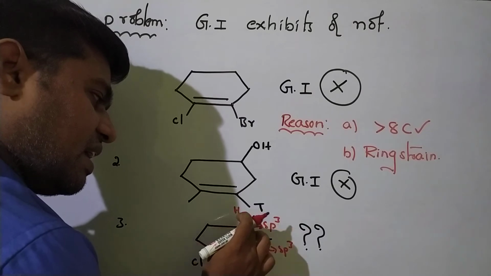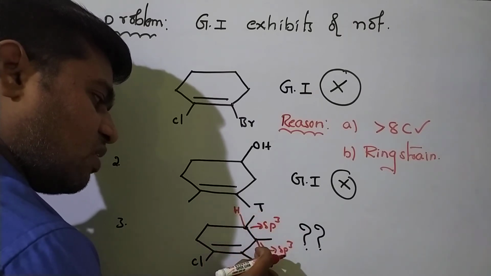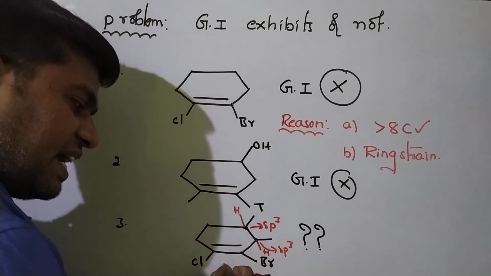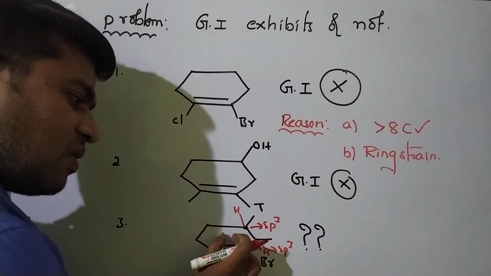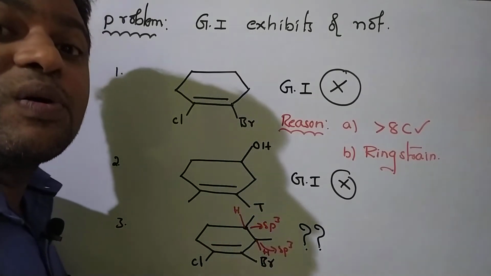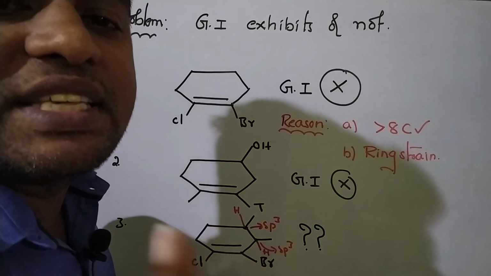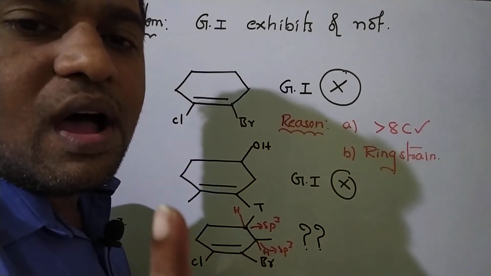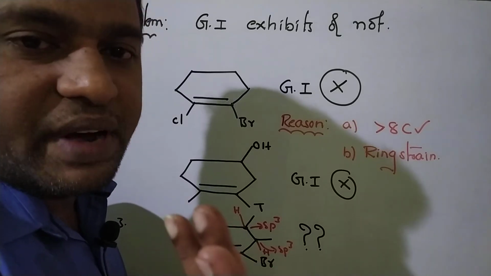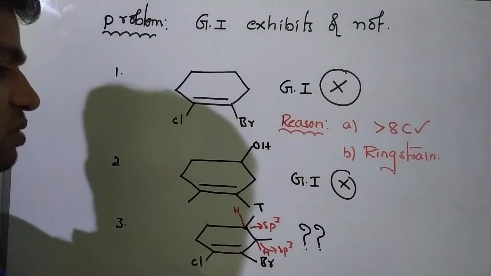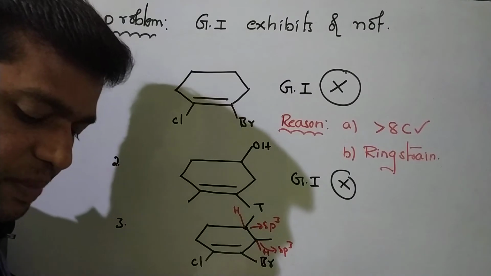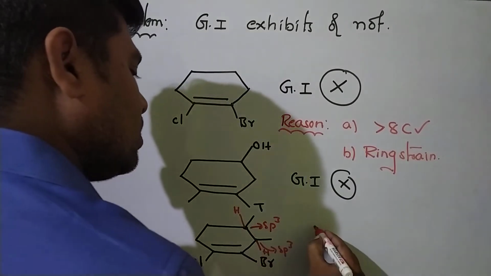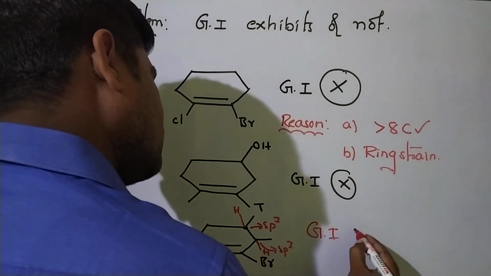Means A not equal to B, C not equal to D. Means in this case, this cycloalkene behaves as a cycloalkane. We already discussed geometrical isomerism in cycloalkanes in the previous video. So this will give geometrical isomerism.